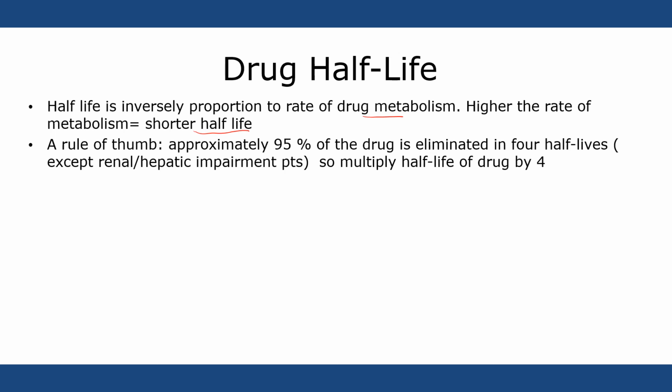Now, the rule of thumb is that approximately 95% of the drug is eliminated in 4 half-lives. Keep in mind that this assumes renal or hepatic function is not impaired, so an otherwise healthy individual. So if you ever see a question on drug half-life, the easy way out is to multiply the half-life by 4, and that will give you the answer.